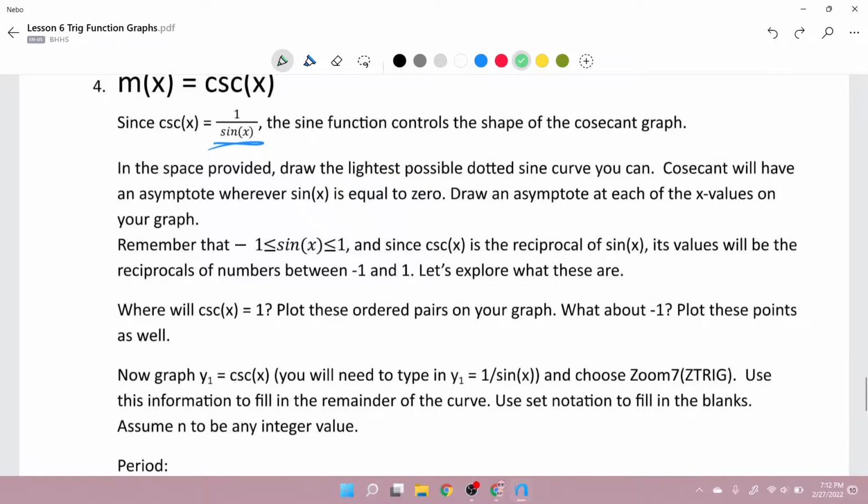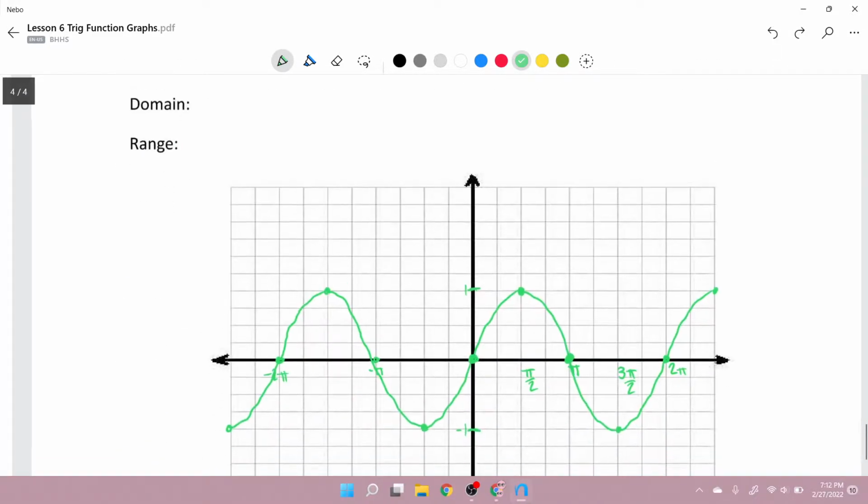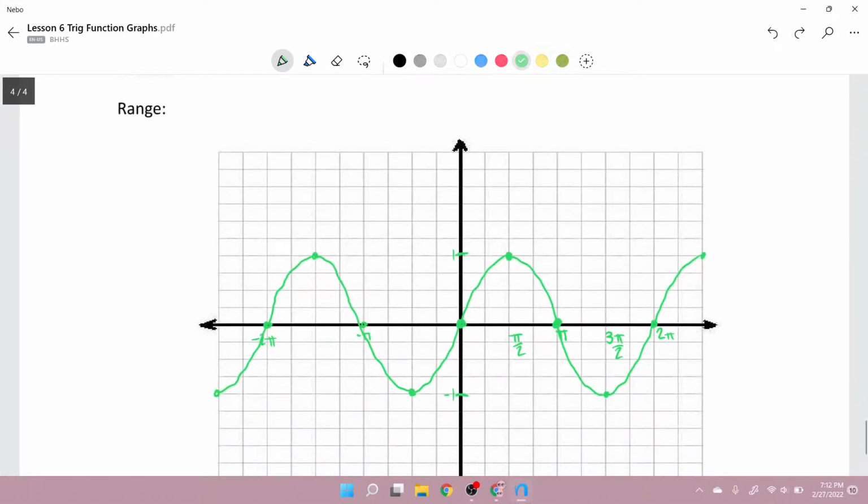So cosecant will have an asymptote wherever sine of x is equal to 0, right? If sine of x equals 0, then we'll have 0 in the denominator of our function, and we don't want that. So we're going to draw an asymptote wherever that was.